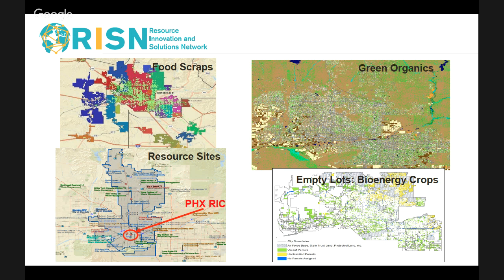Just to give a little bit of context, the Global Sustainability Solutions Services has been doing some work particularly in the resource innovation world. With the City of Phoenix, we developed the Resource Innovation and Solutions Network, which now has members and partners in many municipalities and in different parts of the globe, in the private sector as well as the public sector.